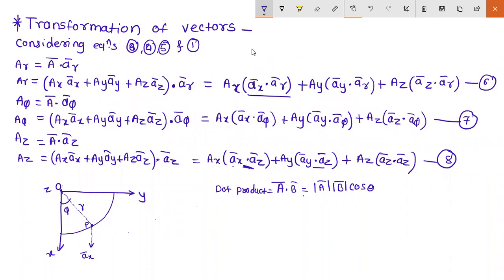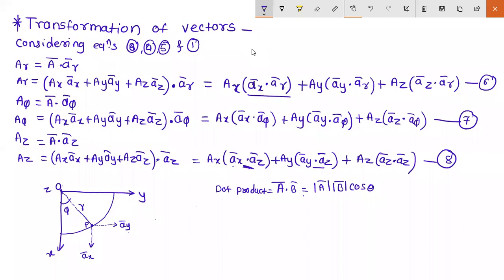Similarly, we can draw one line parallel to the y-axis, and this shows your y direction, and the unit vector in the y direction is A bar y. Now this is your radius r. See the radius r here.